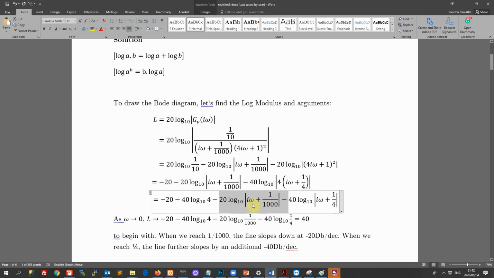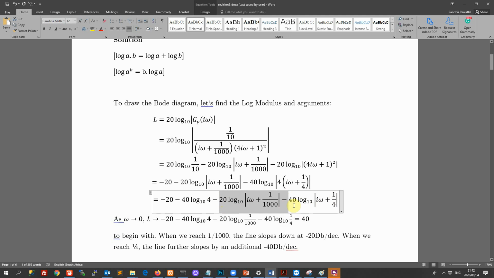And then as omega starts to increase further and it reaches the corner value of 1 over 4, this term starts to play a major role as well. In this case, for a decade in omega, we have an additional minus 40. We already have a minus 20 contribution here, then we start to get an additional minus 40.